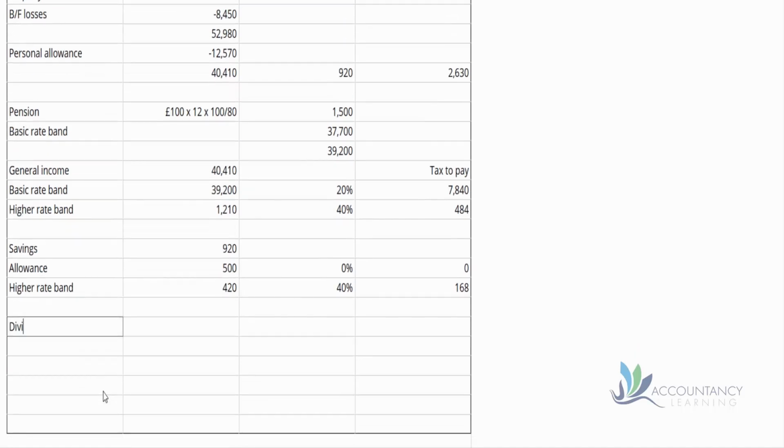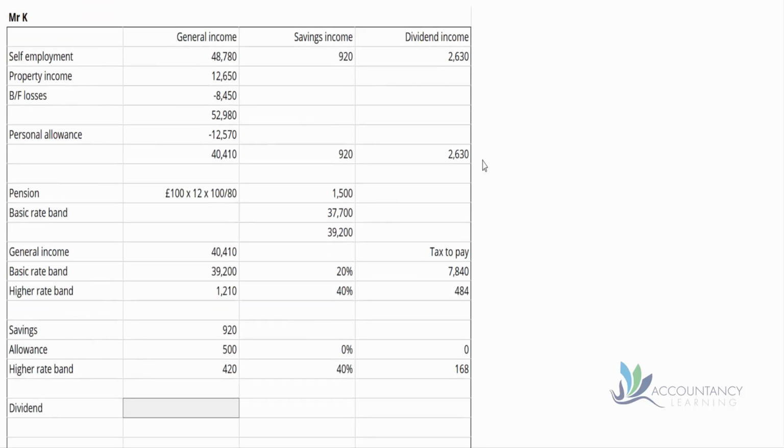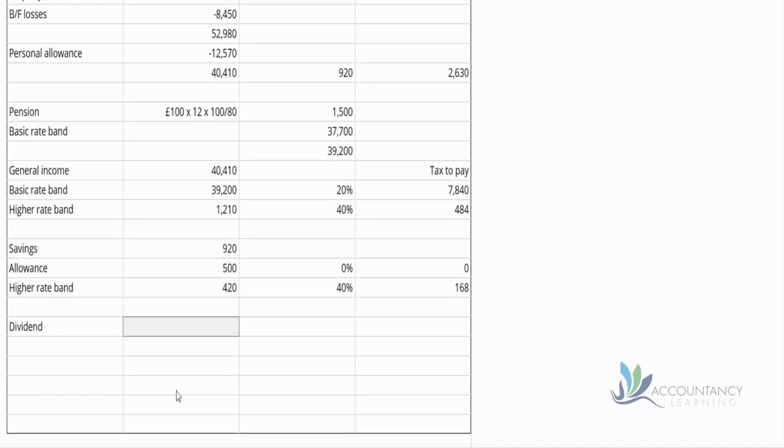And then we have our dividend income. Again, from our table above, we can see that we've got a total of 2,630. There is an allowance of £500, which is tax-free, so there's nothing to pay for that.